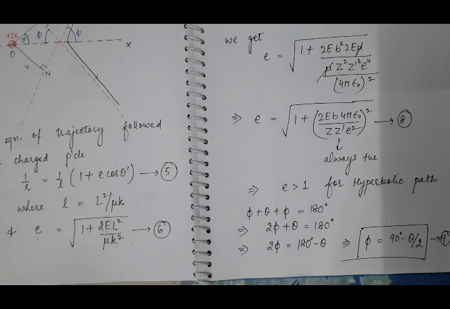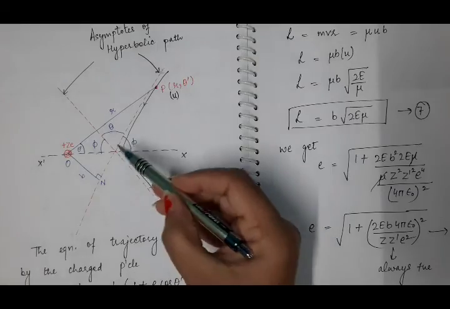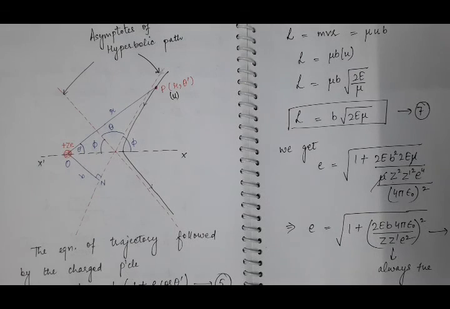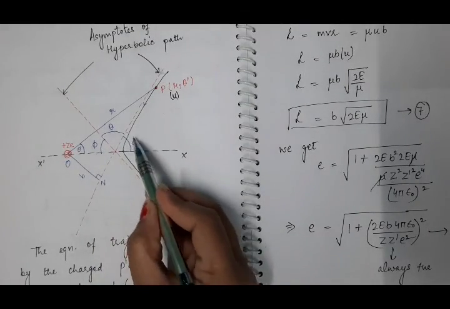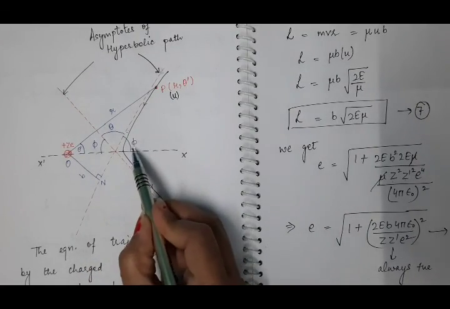Now what are the equations of the asymptotes? Now write the equation which will represent these asymptotes. What is the r coordinate for these asymptotes? r approaches infinity for these asymptotes. And what will be the theta coordinate, meaning the theta dash coordinate? This is the theta dash coordinate of both the asymptotes, and here this theta dash coordinate is equal to phi.